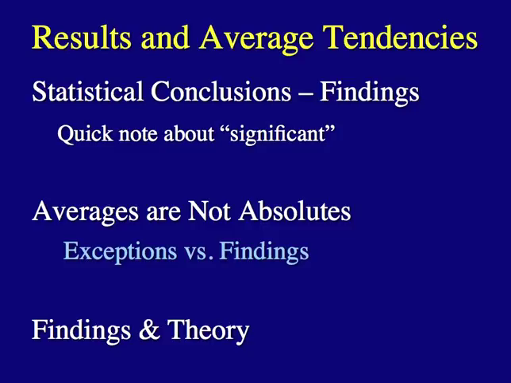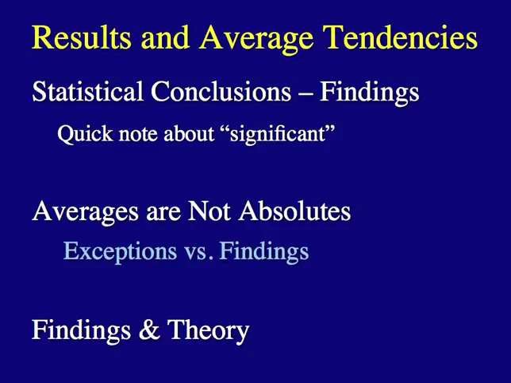It's important to note here, as we were talking about research, and as you approach the material in this textbook, that research produces average tendencies, and the conclusions are about average tendencies. They're not absolutely true. They will not fit every individual.